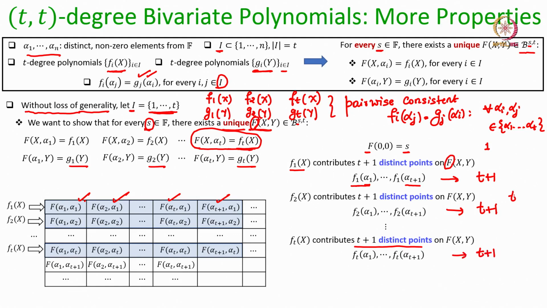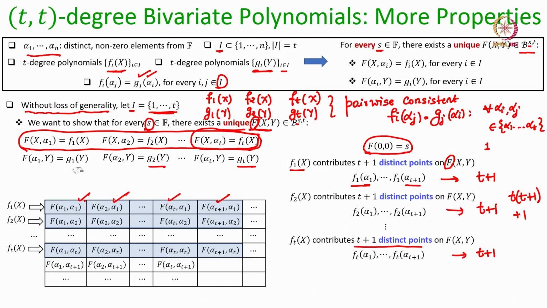So, t into t plus 1, plus 1, these many points on the unknown bivariate polynomial are fixed: one because of the constraint on the constant term, and the rest because the unknown bivariate polynomial passes through alpha 1, f 1 x, alpha 2, f 2 x, up to alpha t, f t x.